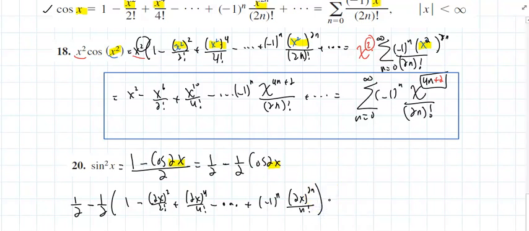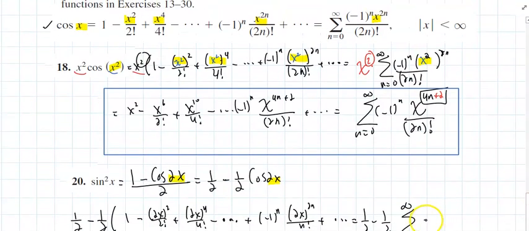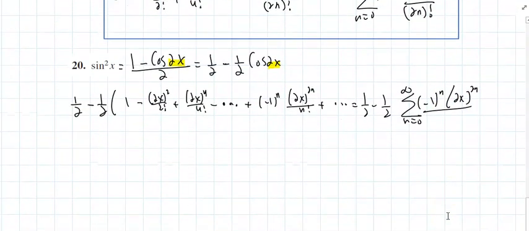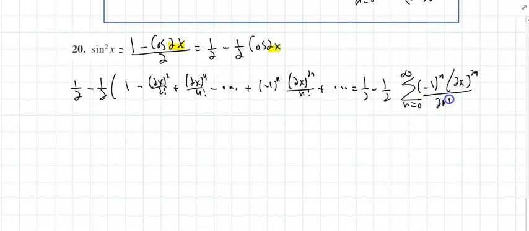And what would that be? Oh, it doesn't end. So that would be 1/2 minus 1/2 times the series n equals 0 to infinity, negative 1 to the n, 2x to the 2n over 2n factorial. Now, something happens.